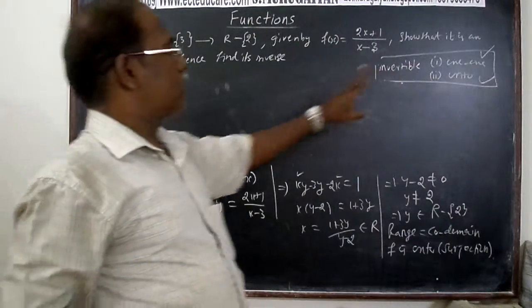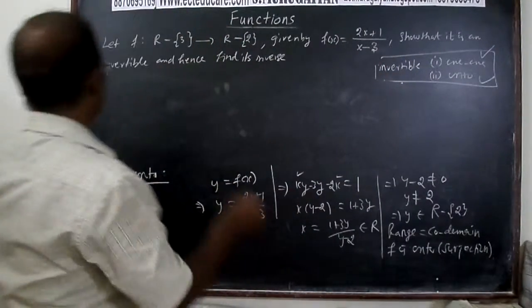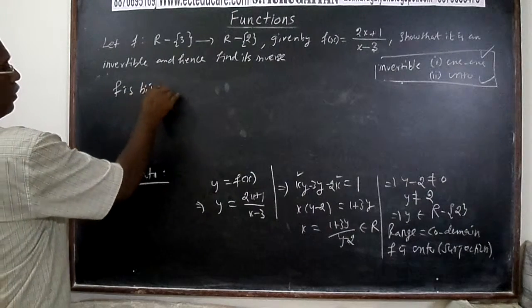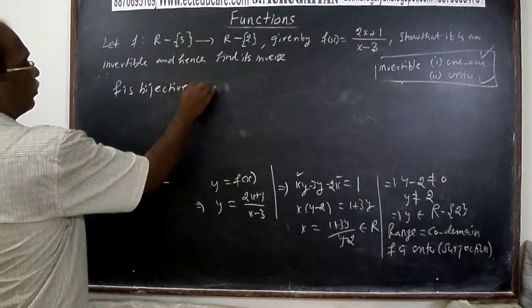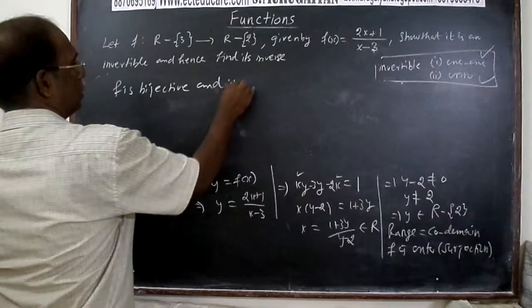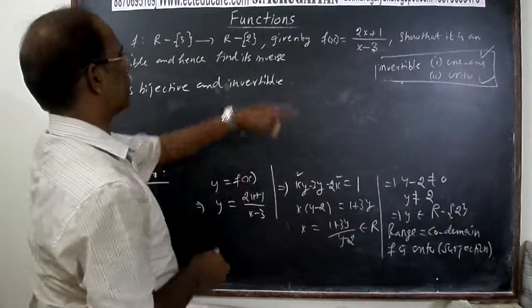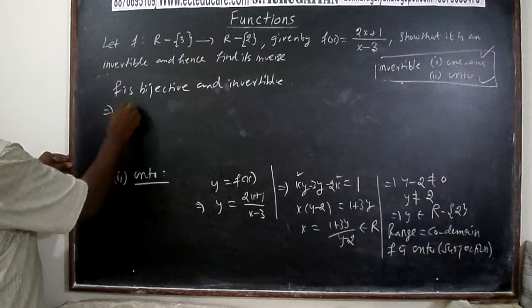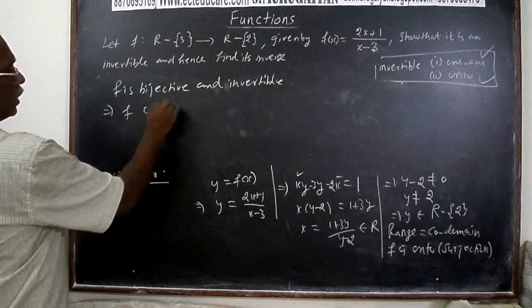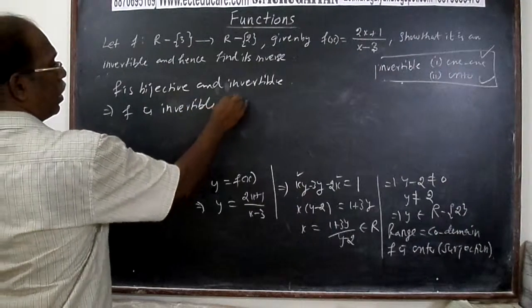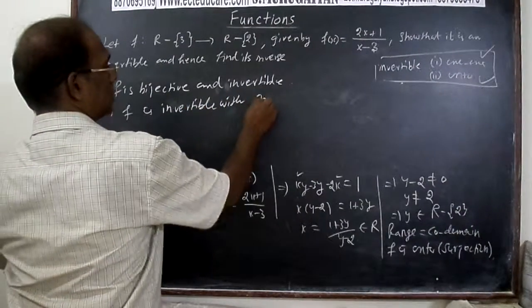Because the function is one-to-one and onto, f is bijective and invertible. That means the inverse exists. So this implies f is invertible with the inverse.